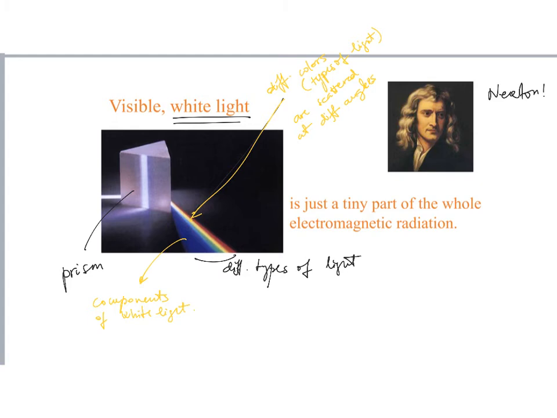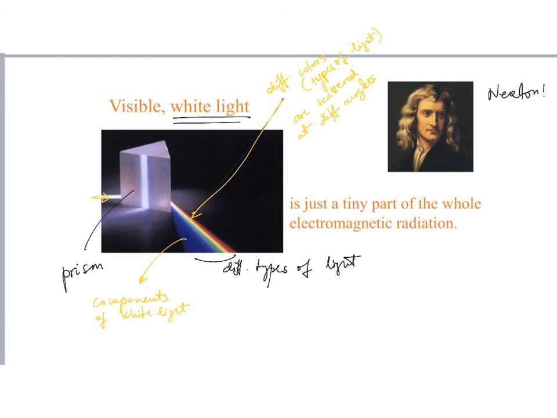But can you actually believe, people took quite a lot of time to actually just believe Newton that this is actually what's happening, right? So you have white light coming in, and then you have a prism, and at the end of the prism you have the colors. So people said, oh well, no, it's just the prism that adds the colors.